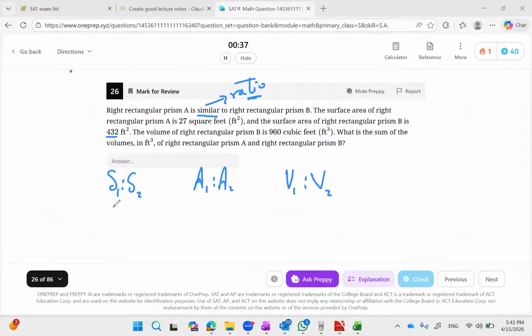A few minutes ago, we said that if the ratio between the sides A to B, what would be the ratio between the areas? A squared to B squared. So what do you think the ratio between the volumes is? A cubed and B cubed. Excellent. It's going to be A cube to B cube.